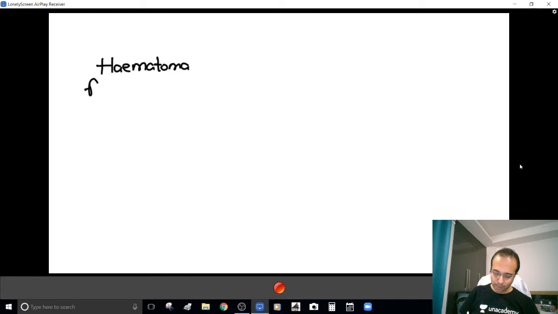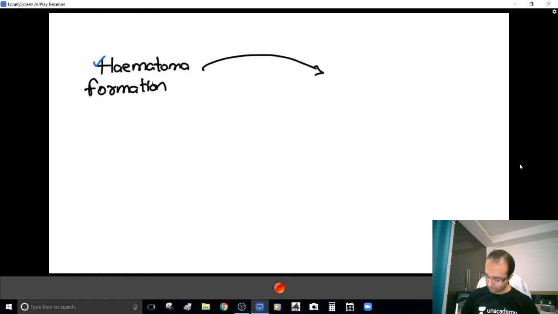Bone fractures, bleeding occurs, blood organizes, and an organized blood, you call it a hematoma. So, that is the first stage of fracture healing, hematoma formation. Now, please understand that this hematoma basically contains chemotactic factors.